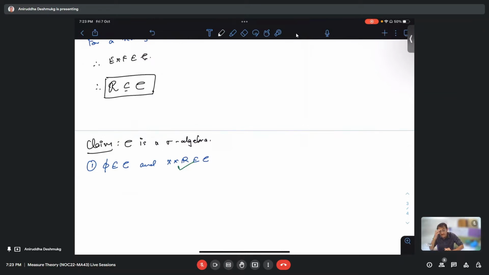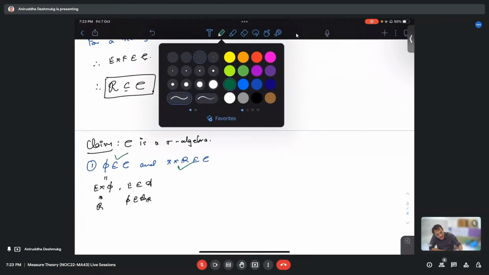If beta does not belong to F, then it's the empty set, which also belongs to C. Exactly. So the empty set itself can be written as E cross empty set, where E is any set in A, and the empty set is of course inside BR because it is a sigma algebra. Therefore it is a rectangle, and rectangles we have proved are contained in C. Therefore the empty set is also contained in C.